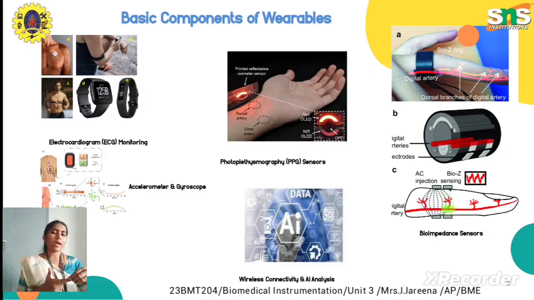The AI analyzes all our clinical data and gives the interpretation of whether it is normal or abnormal, and this is easily communicated through wireless communication to our doctors or loved ones for proper follow-up and treatment. So these are the three basic components you can see in any wearable. One is the sensor, second is the component able to differentiate normal motions from other physiological movements, and third is wireless connectivity and AI analysis.